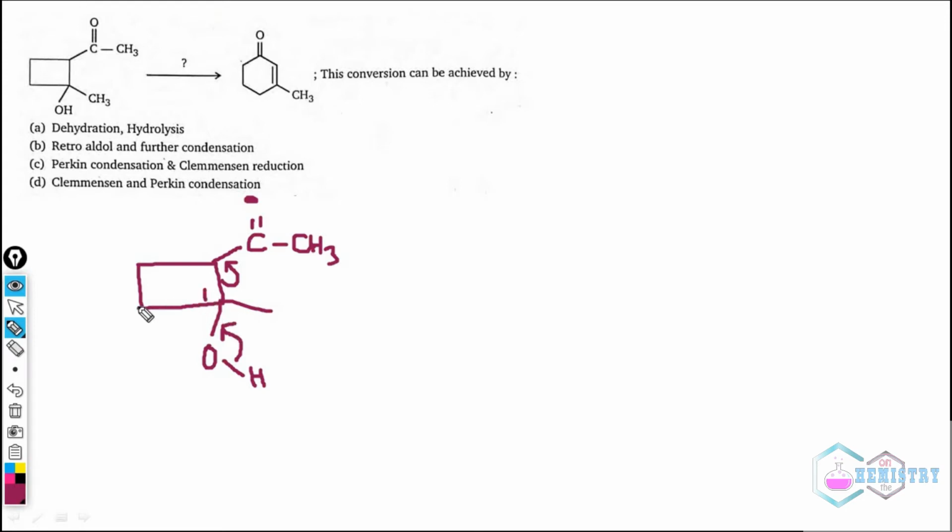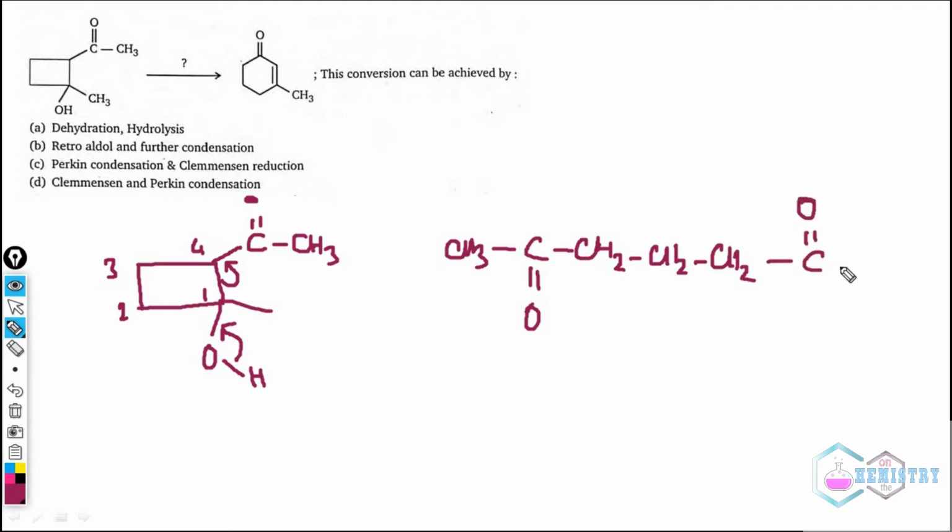If this is 1, this is 2, this is 3, this is 4, there will be a 4-membered carbon chain, and this is the first carbon, so CH3, C double bond O. There are 3 CH2 groups, so there will be 3 CH2, and there will be another C double bond O CH3 group. So this is a retroaldol condensation.